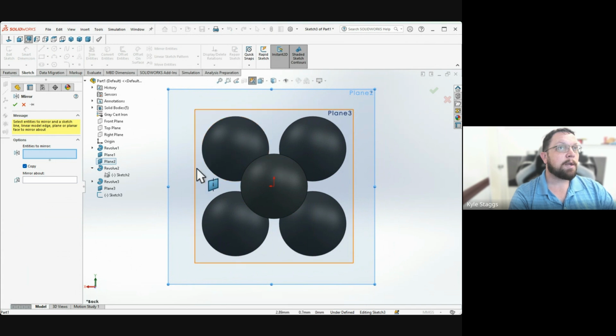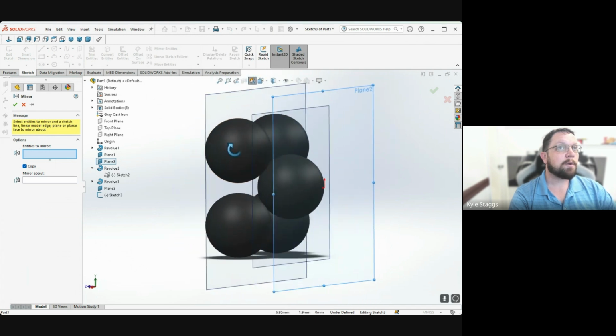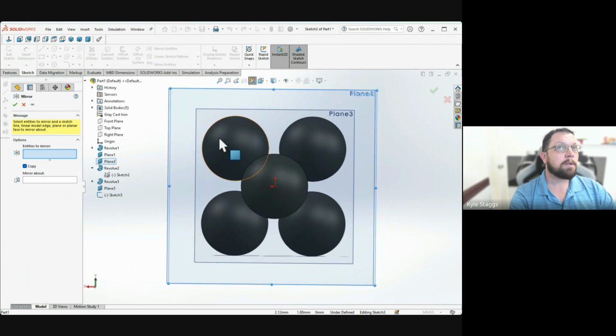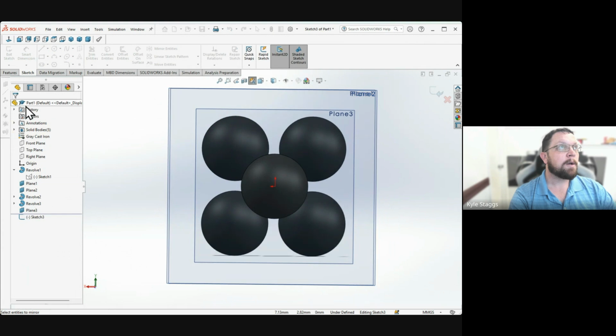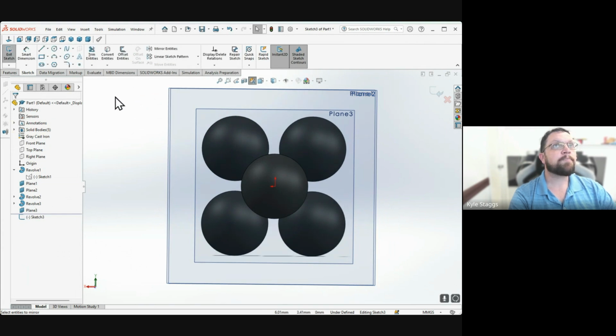But it should let us actually capture the entities. We're not going to be able to do that.